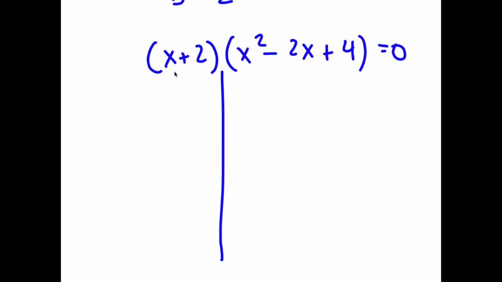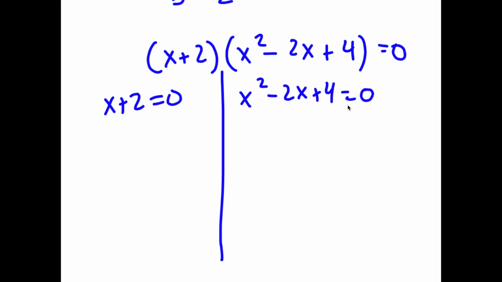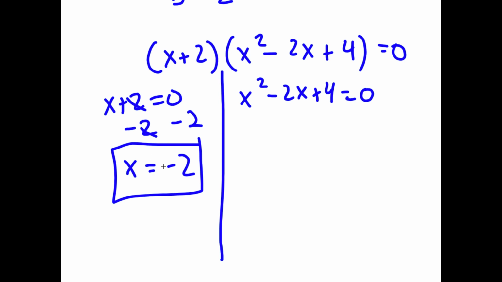I have right here x plus 2 is equal to 0, and I have over here x squared minus 2x plus 4 is equal to 0. So to start, I'm going to first solve x plus 2 equals 0, which is a simple equation. All I have to do is subtract 2 on both sides, and I get x is equal to -2. So this is one solution of x.